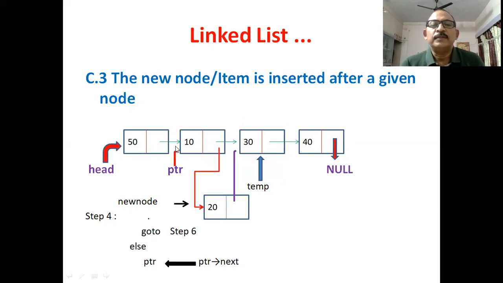Now PTR next points to this new node. Is it clear? Now new node next points to the temp. And this way you can see this new node is inserted after this. Okay. And after this we will go to step 6. Is it clear?